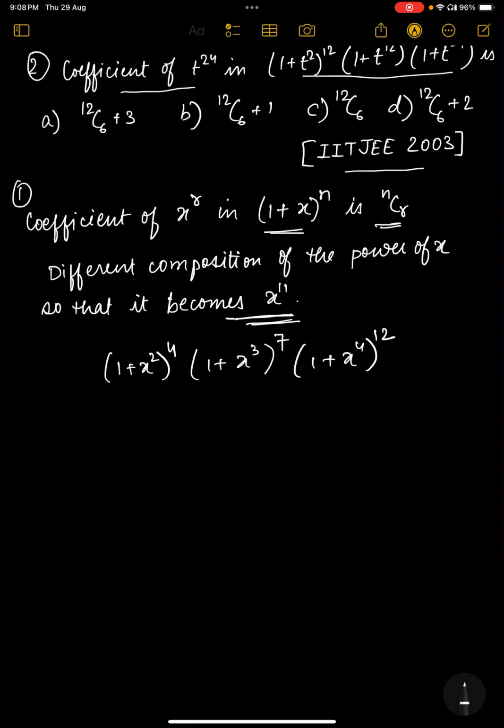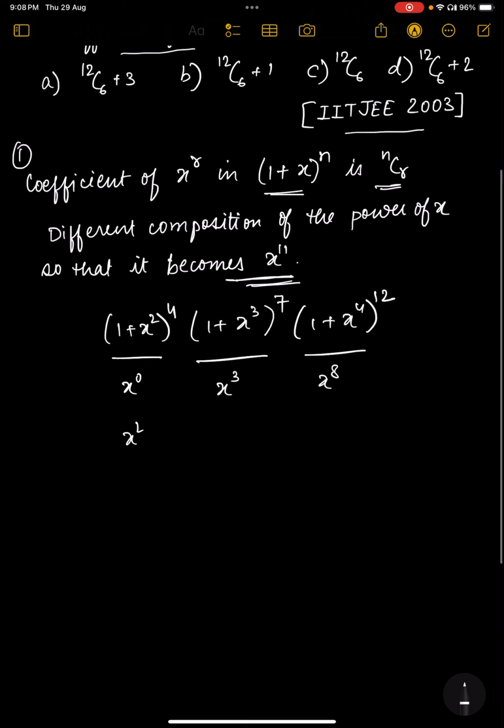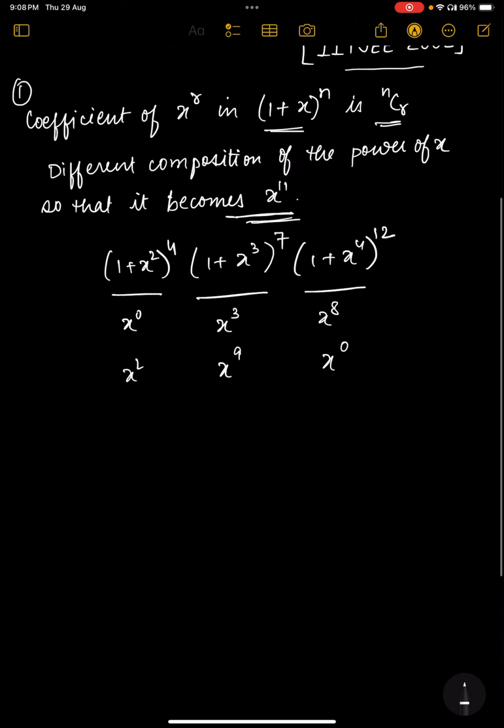Now, if we see what combinations we can achieve, from the first expression we can take x to the power 0, in the second expression we can take x cube, and in the third expression we can take x to the power 8. Similarly, we can take x squared from the first expression, x to the power 9 from the second expression which is possible, and x to the power 0 from the third expression.